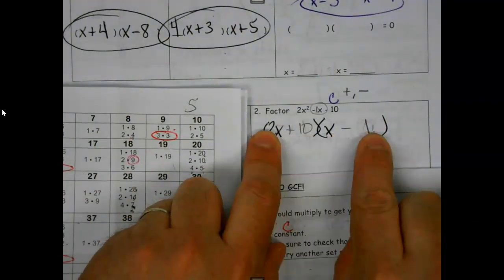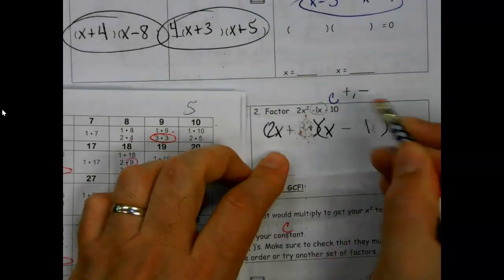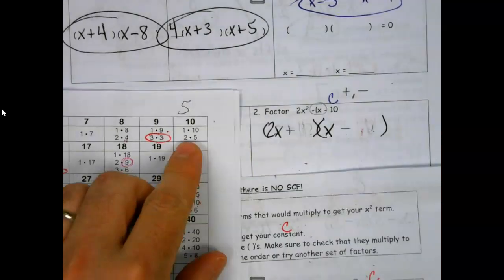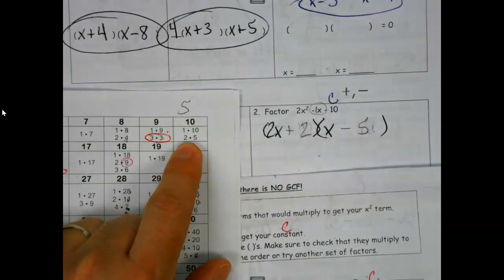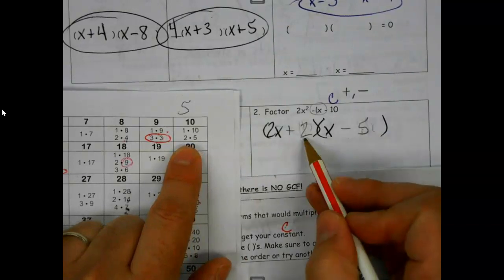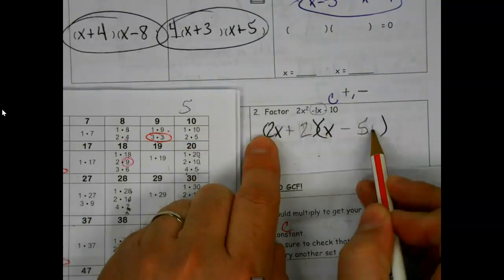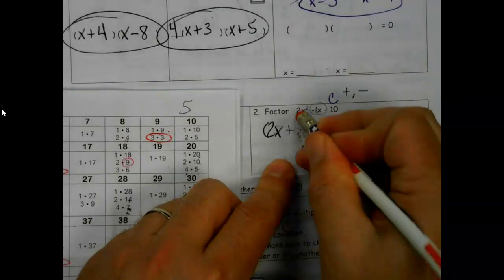Is 10 minus 2 1? No. That didn't work. So we got to go to 2 and 5 now. Anything that's in that box pairwise, we can do. So I try this and I go, okay, so 2 and negative 10. Uh-oh. 2 and negative 10 don't work. Hardy, I'm running out of options here.